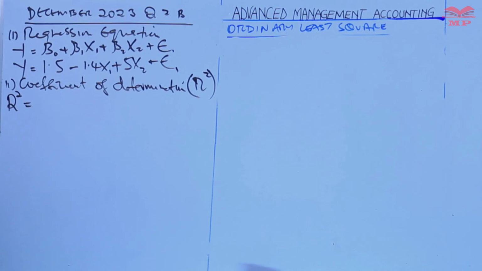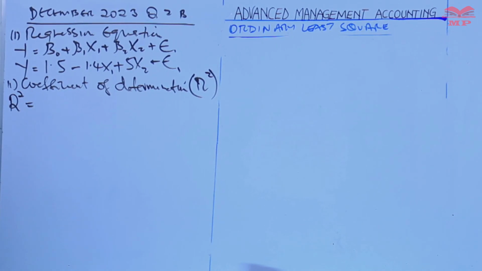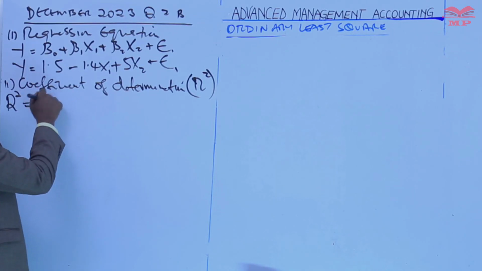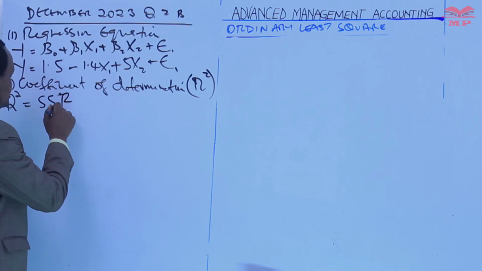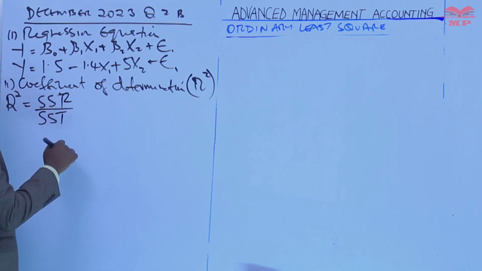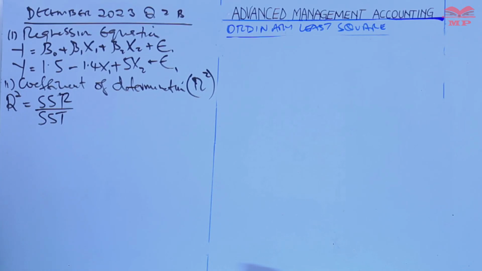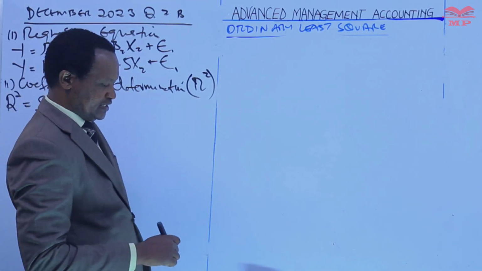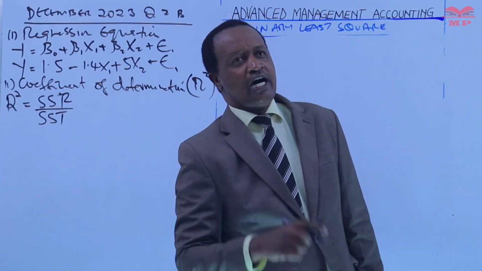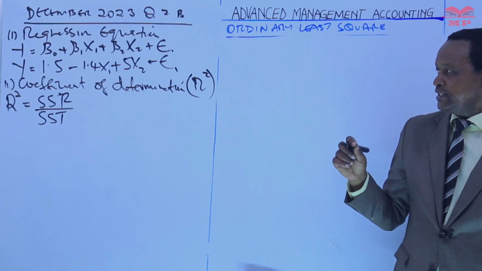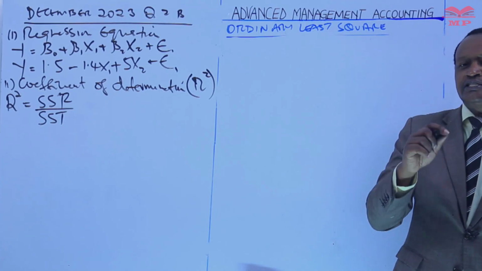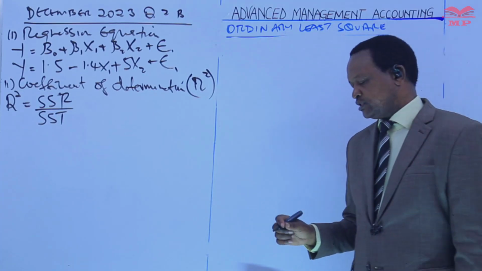The formula for R squared is equal to SSR over SST, where SSR is the sum of squares due to regression.